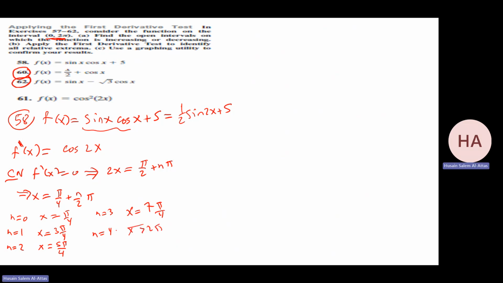So ignore it. So I have these critical numbers. I have 1, 2, 3, 4. These are the critical numbers.